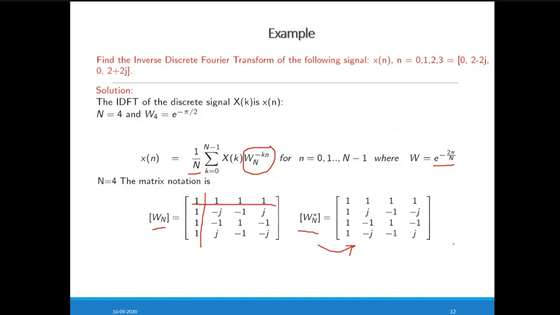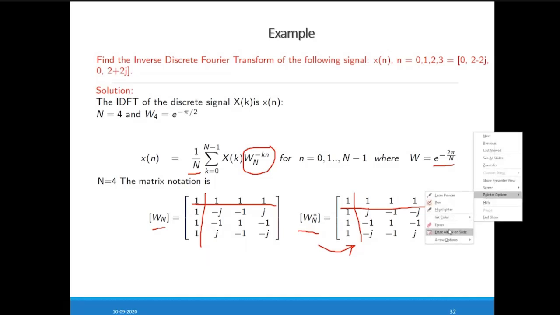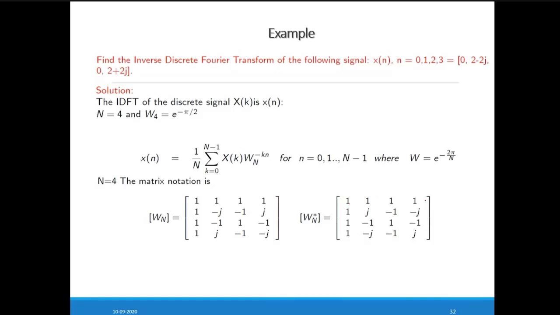Omega n complex conjugate: as rows become columns and columns become rows, again you get the first row as 1 and first column as 1. Then the terms are 1, j. The second row is 1, j, minus 1, minus j. Then the third row is 1, minus 1, 1, minus 1. And the last one is 1, minus j, minus 1, j.